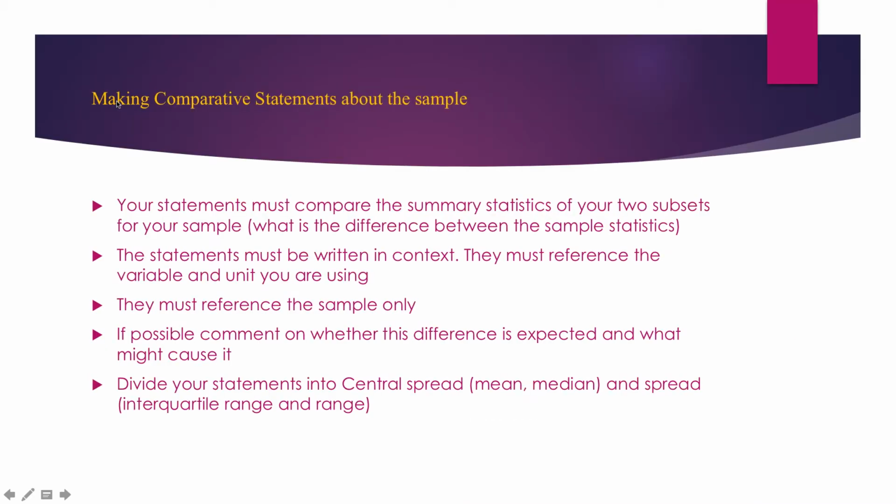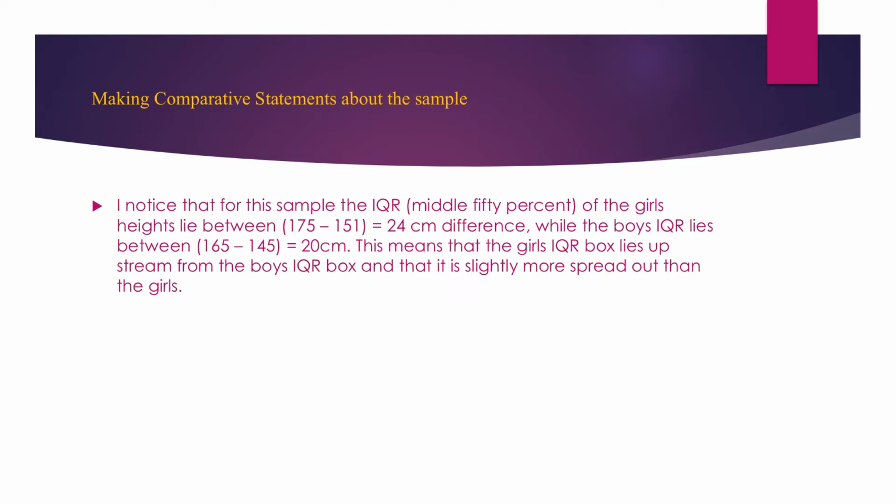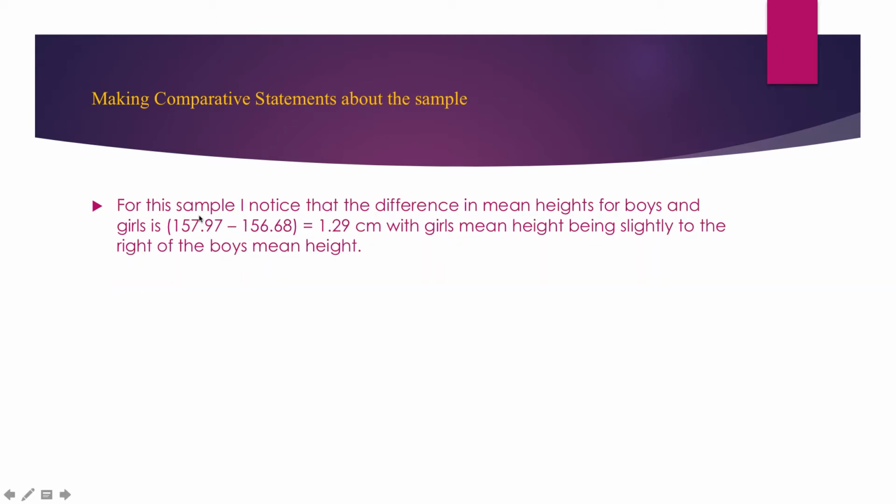So we're going to make that statement on means. For this sample, I notice that the difference in mean heights for boys and girls is, so I've mentioned the context, I've got the two means mentioned, and the difference is 1.29 centimeters, with the girls' mean height being slightly to the right of the boys' mean height. So there's your context.